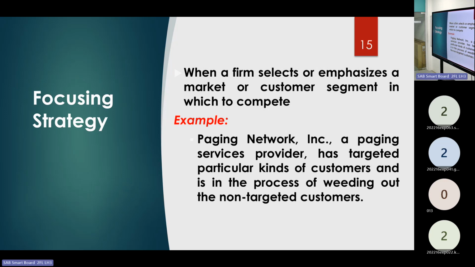But practically, most of the businesses nowadays follow this focus strategy, focus product differentiation or focus cost leadership. You focus on a particular market segment and you are satisfying the value for that particular market segment. Right?